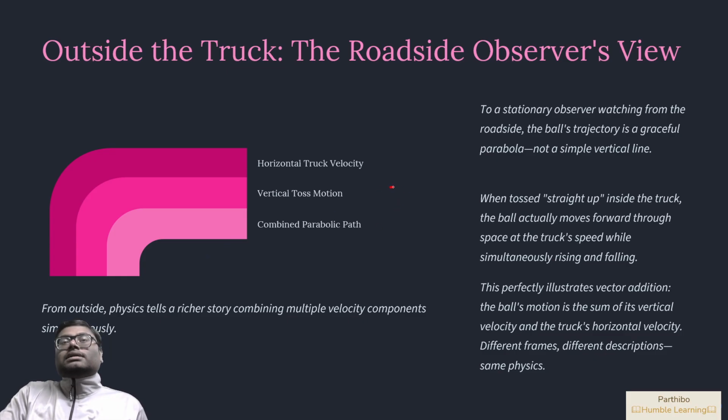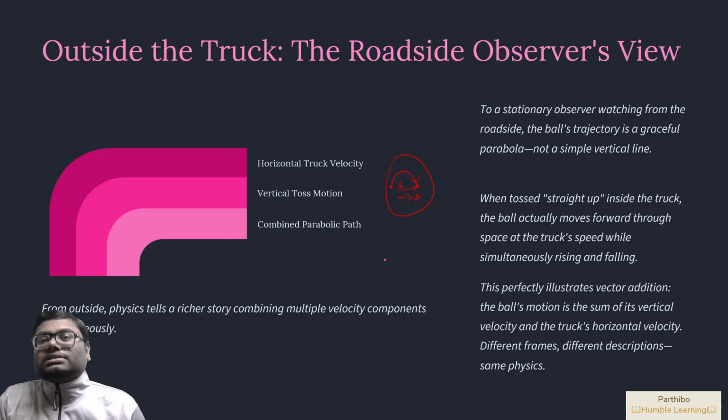It moves forward and lands like that, and the person is moving from here to here due to the motion of the truck. So this is the observation that a roadside observer sees.